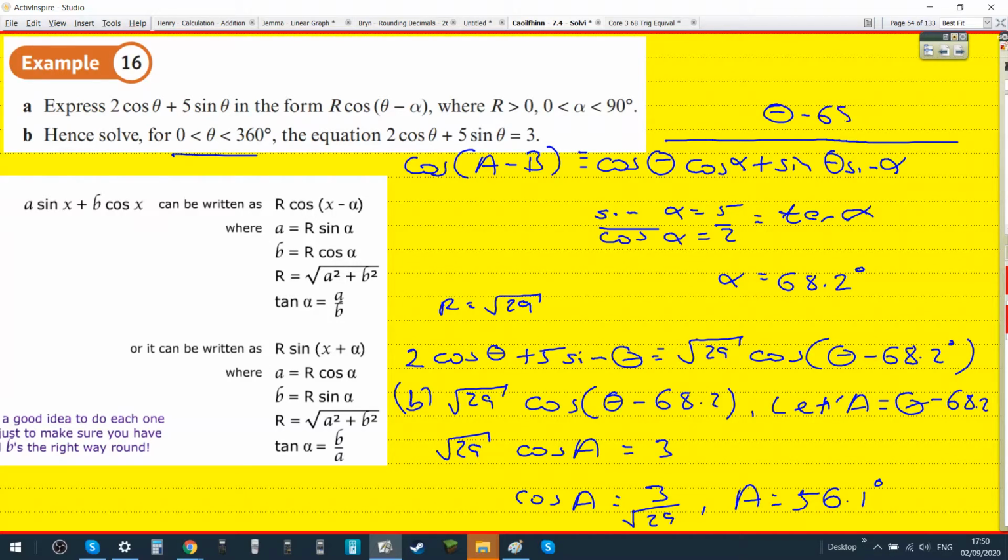Minus 68.2 and 291.8. So it might not change anything, but just in case, because A is theta minus 68.2, so A is between those two. Okay, so our first answer is valid.